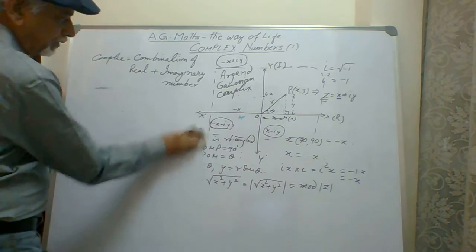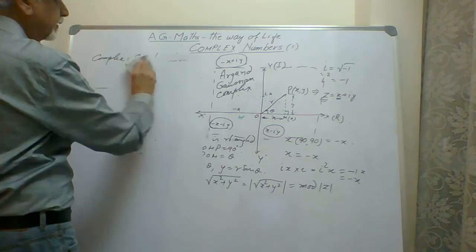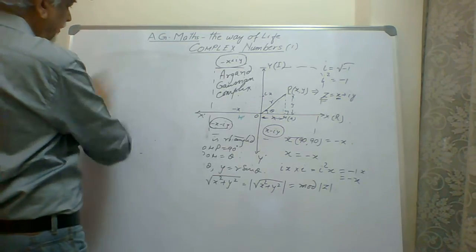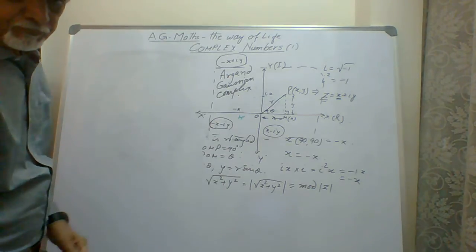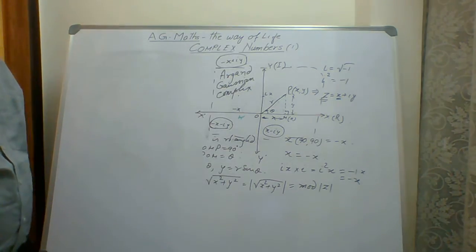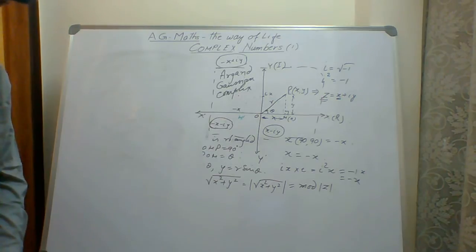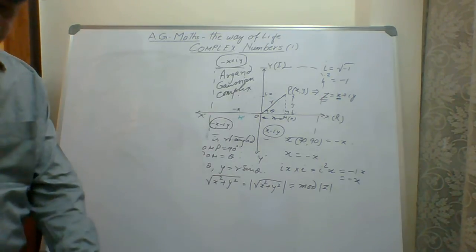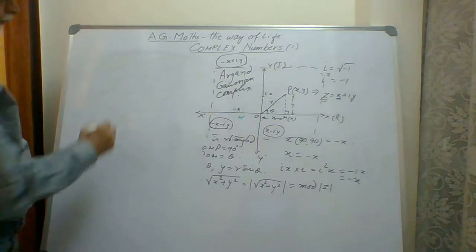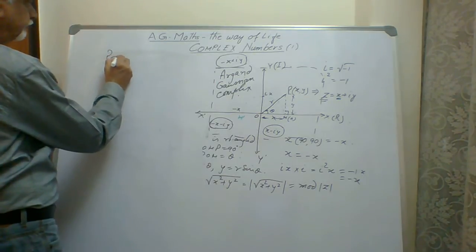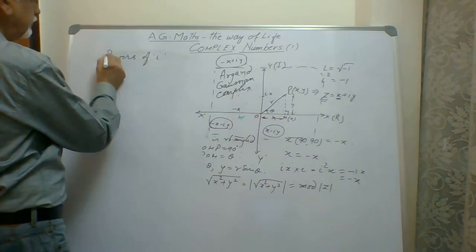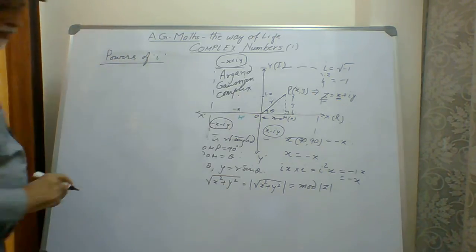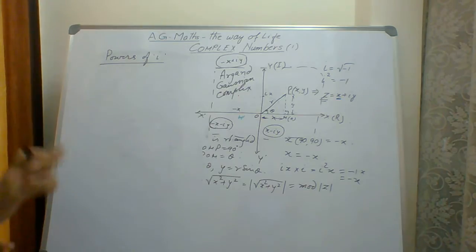Now let me give you some more idea about what i is and how the i values are changing. Now the powers of i. What are the implications of the powers of i? i is your iota. When I write only i, it is simply i.